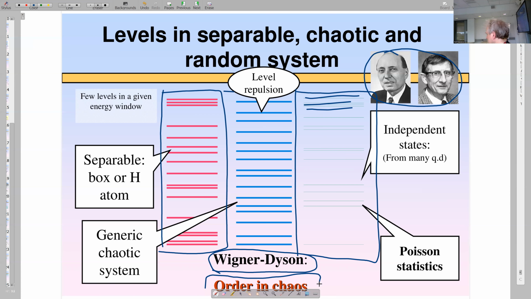But in fact, we see that chaotic systems are much more ordered than, say, random systems. So in fact, there's order in each physical realization of chaos.